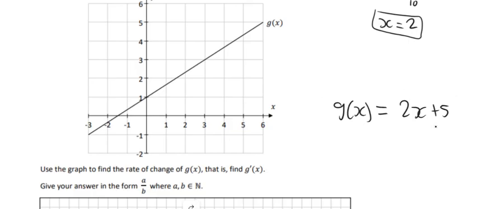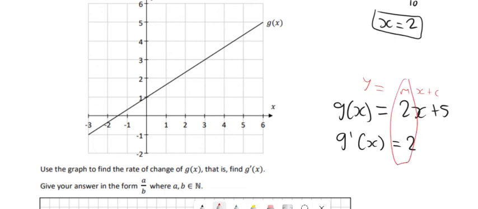So if that was g of x, well then g dash x would have to be, if I differentiate it, that would go to a 2, and then the 5 is gone. So that really, remember, then 2 is the slope, because in y equals mx plus c, that's the slope. So what I'm getting at is that it's just the slope really.